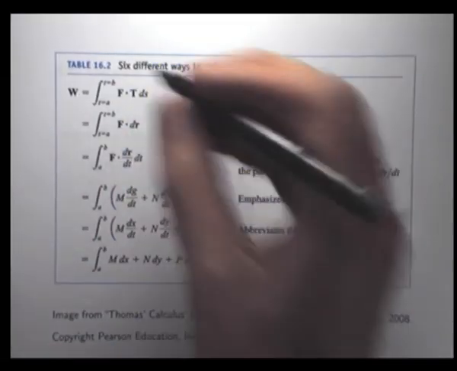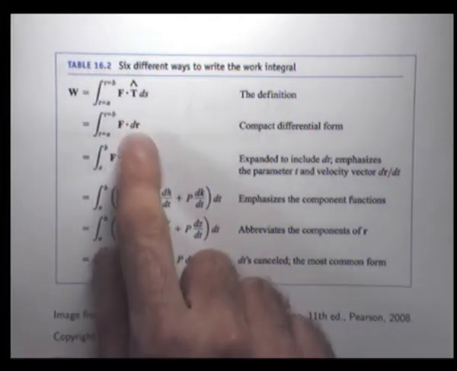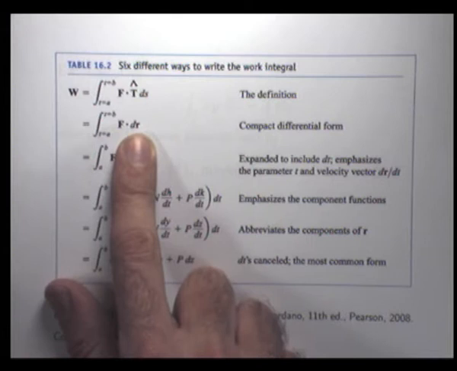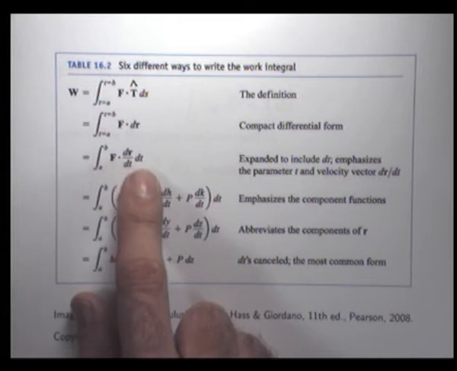Six different ways to write the line integral, or the work integral, which is sometimes called. Now, here this is the definition. Again, I always like to put the hat in there, just so I know I'm dealing with the unit tangent vector. This is called the compact differential form. This emphasises the parameter t.